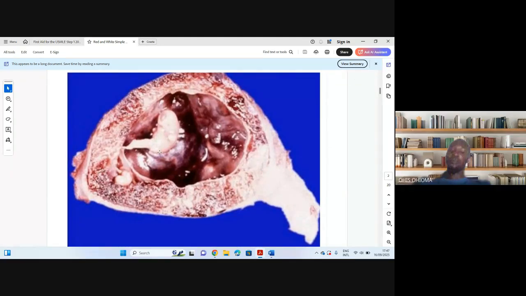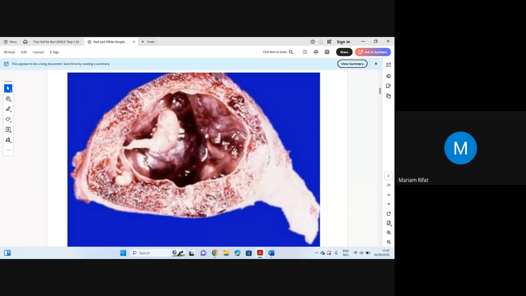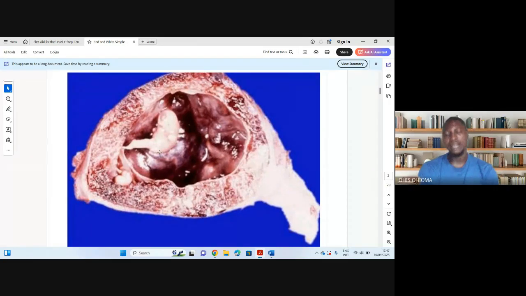Most common site is the ampullary region of the fallopian tube. Yes, so the ampulla is the commonest site for implantation of the embryo. Another way they can put this question is, they can give you this image and ask, what risk factor did this patient most likely have?